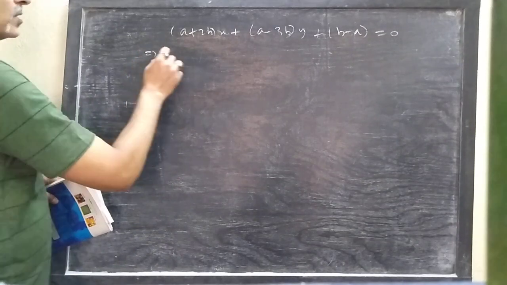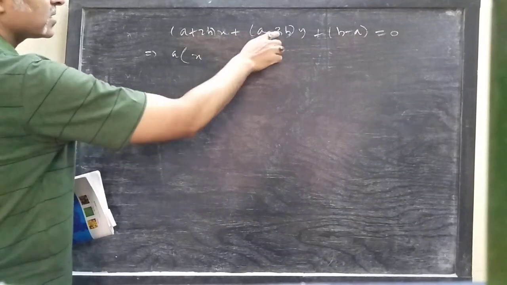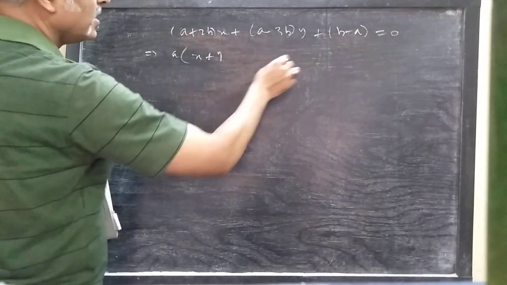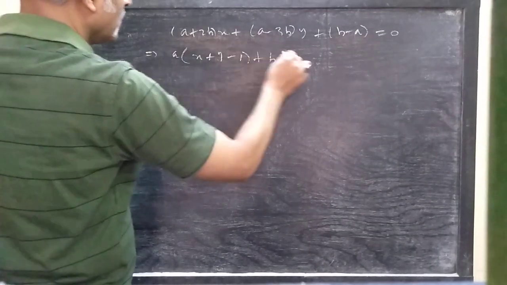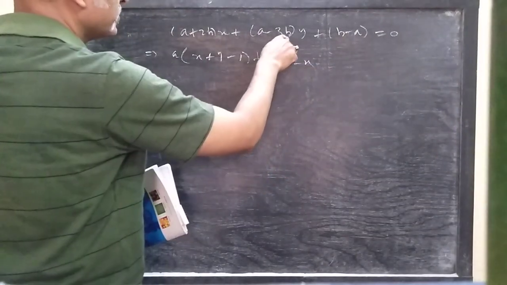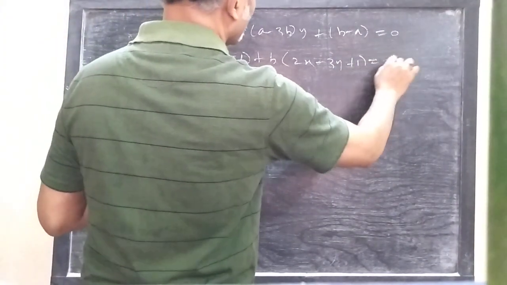Now, take common a. You get x + y - 1. Then take common b. You get 2x from here, minus 3y from here, and plus 1 from here.